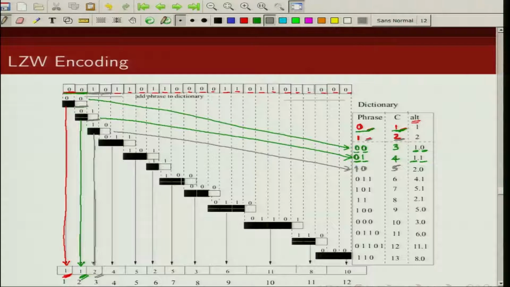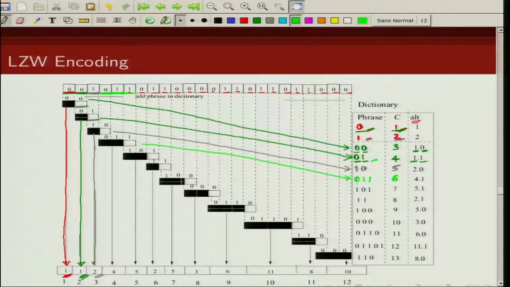Now we continue our encoding. So the next bit is 0. Now look beyond this: 0 1. Is 0 1 in the dictionary? Yes, it's there in the dictionary. What about 0 1 1? Is it there in the dictionary? No, it's not. So we are going to put 0 1 1 in the dictionary, and that's my code word number 6.